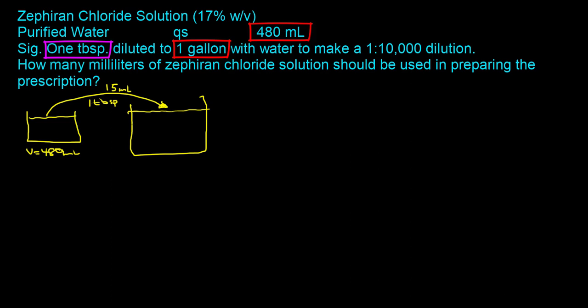So here the volume is actually 1 gallon, and 1 gallon is 3,785 milliliters, and the concentration is actually 1:10,000.